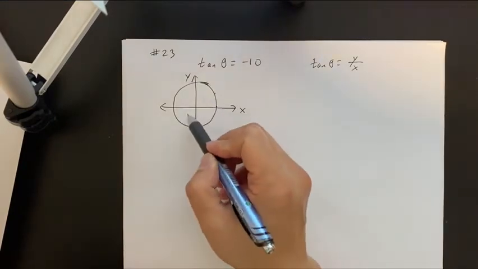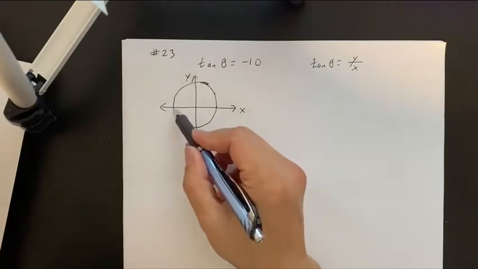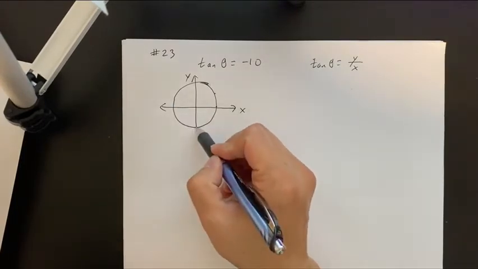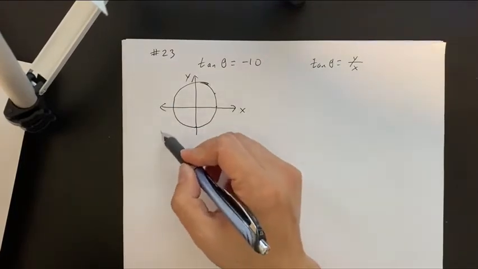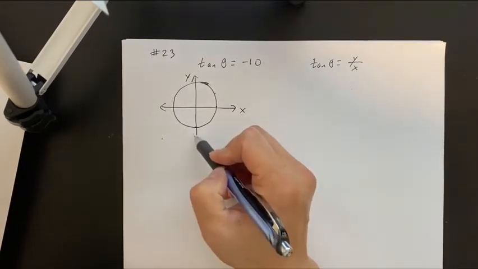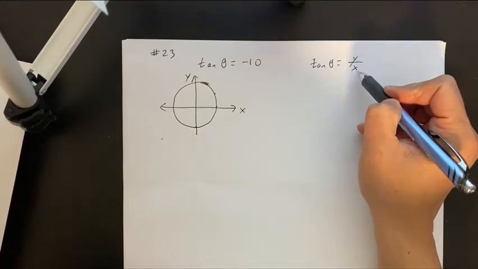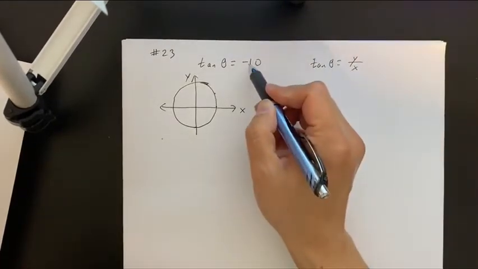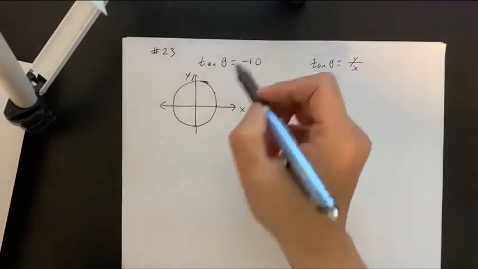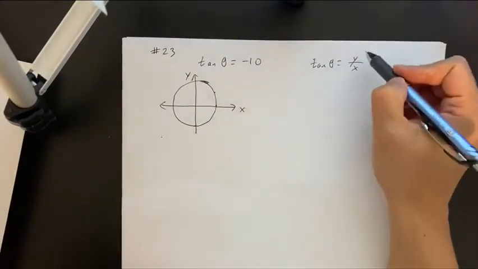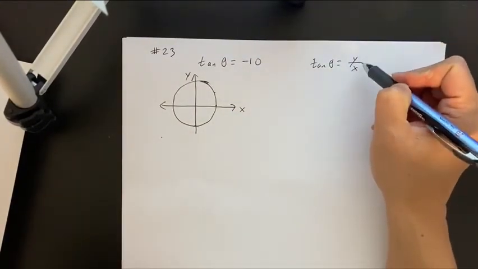But at the same time, I cannot be in the third quadrant because in the third quadrant, both the x and the y are negative. If you take a negative divided by a negative, that would be a positive. So that would not give you a negative 10.